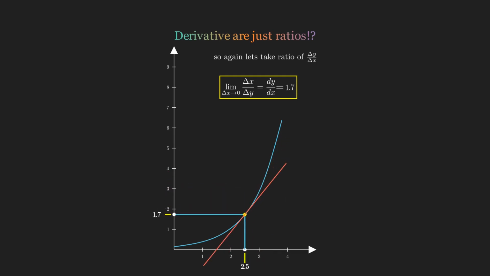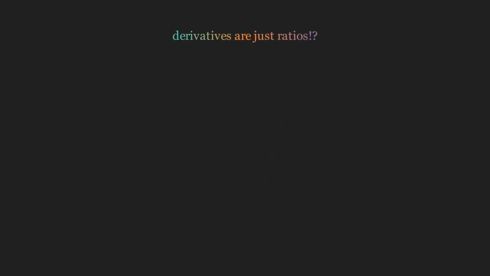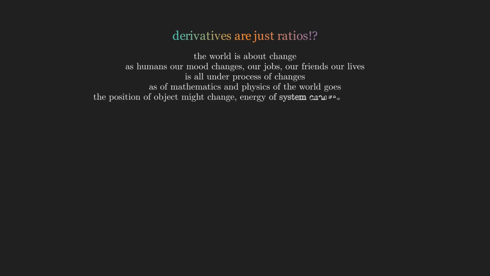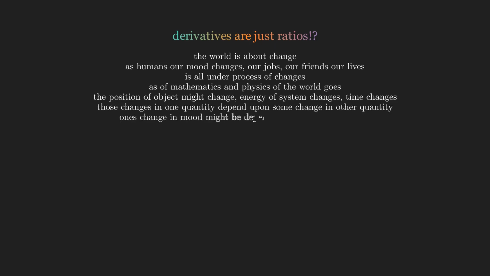Now, before wrapping up, if I were to sum up what derivatives really are on a high, abstract intuition level, it would go like this. The world is about change. As humans, our mood changes, our jobs, our friends, our lives are all under a process of change. As far as the mathematics and physics of the world go, the position of an object might change, the energy of a system changes, time changes, and those changes in one quantity depend upon some change in another quantity. One's change in mood might be dependent on how the situation in his or her life unrolls before them.